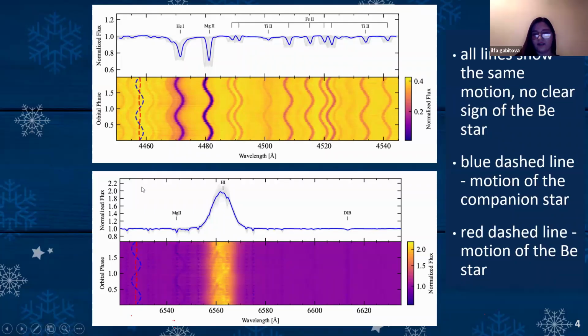And we reconstructed the matter distribution with Doppler tomography, and it shows tangential signs of maybe emission associated with a secondary star, not just with the circumstellar disk. So it is indeed a cool system.